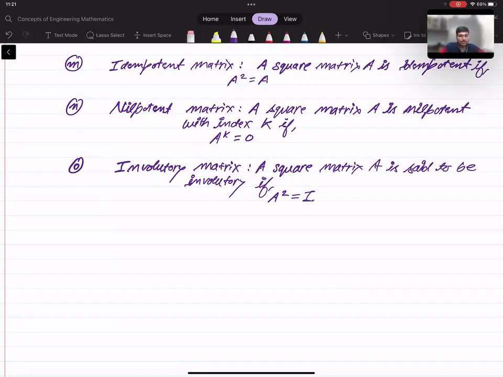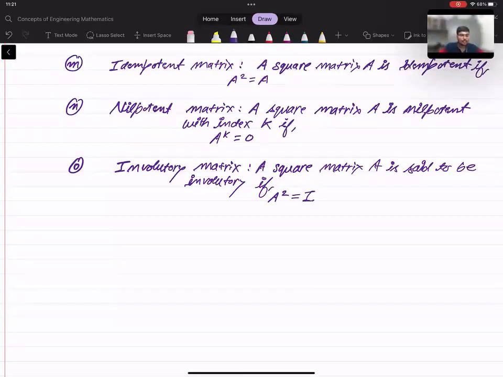When the square was resulting in the matrix itself, it was known as idempotent. And when it results in an identity matrix, then this is called the involutory matrix. And always remember that the identity matrix is always involutory, whatever its order, it will be involutory.